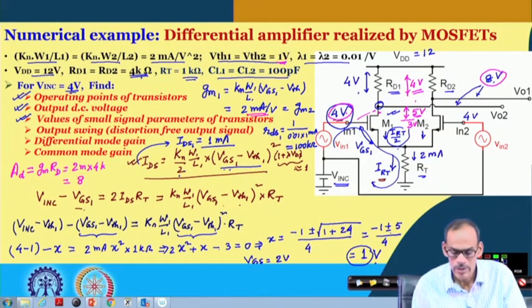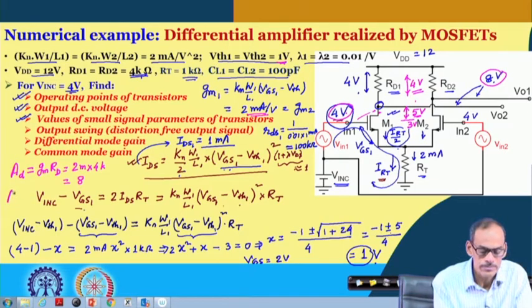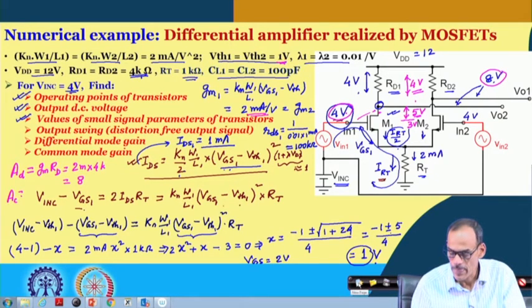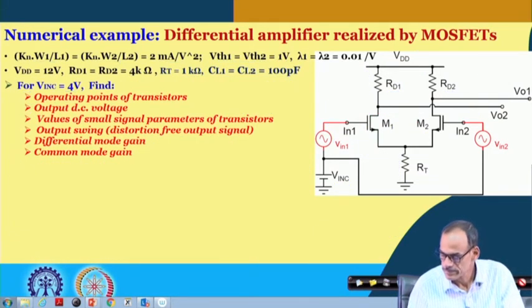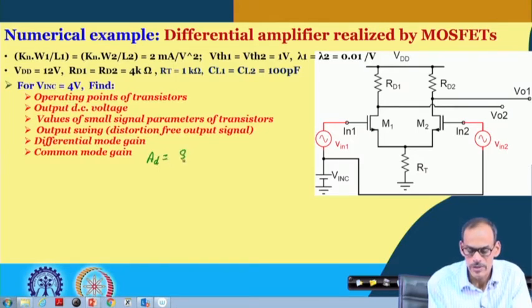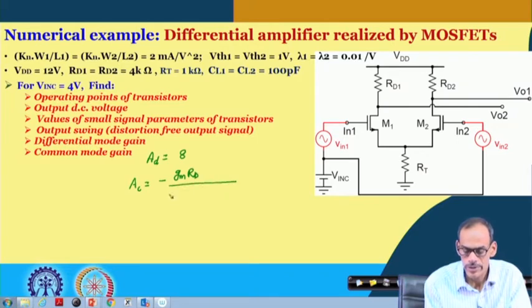And on the other hand, the common mode gain. Okay, let me erase some part of it, otherwise the board looks very clumsy. So, the common mode gain: what we said is that AD we obtain equals 8, and AC is equal to minus GM into RD divided by 1 plus GM into 2 RT.